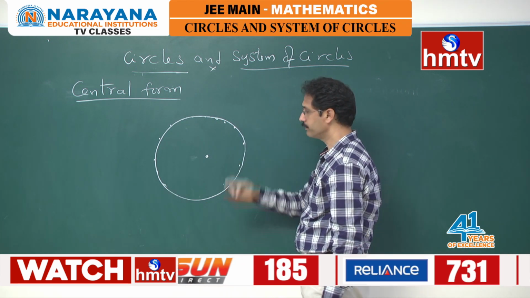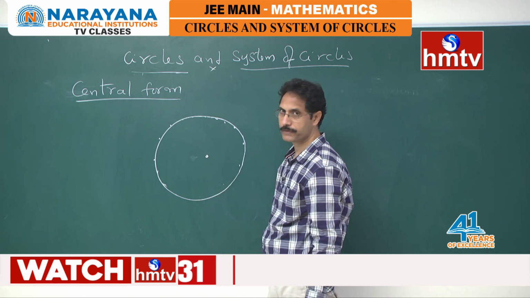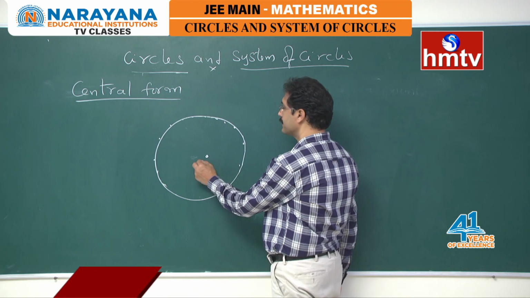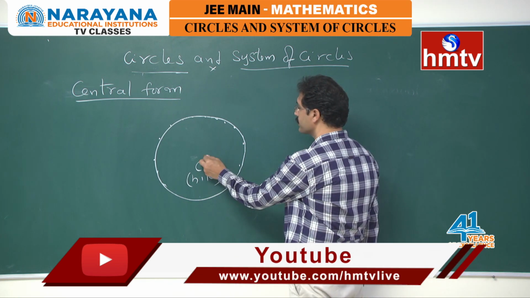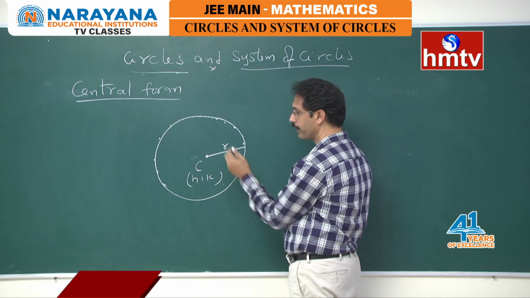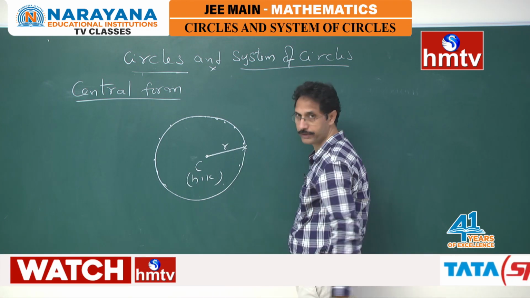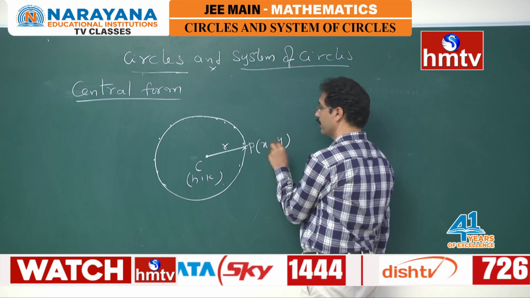Now, to find the equation of the circle, we will take the center as (h, k) and this constant distance as the radius r. From all these points, we will take one point as (x1, y1) or (x, y), no problem.